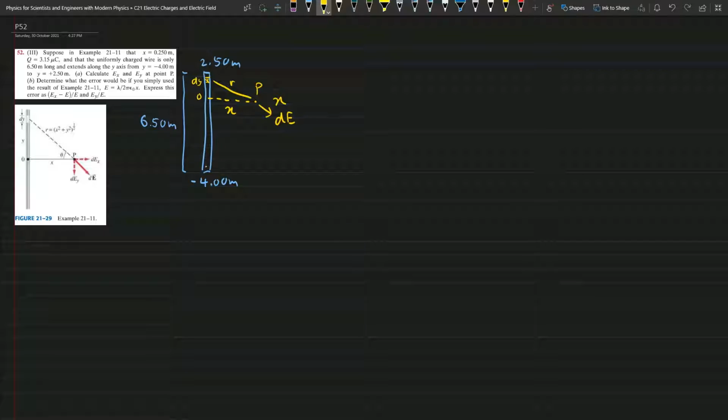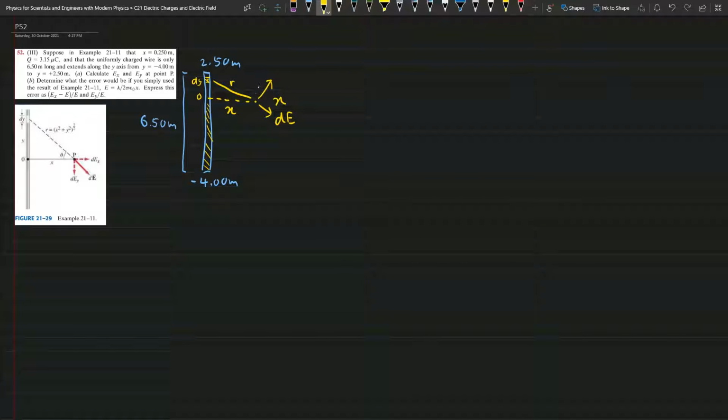But of course you can see the part below y equals 0 is more than the part above it. So the electric field will go somewhere like this, I mean the total electric field.